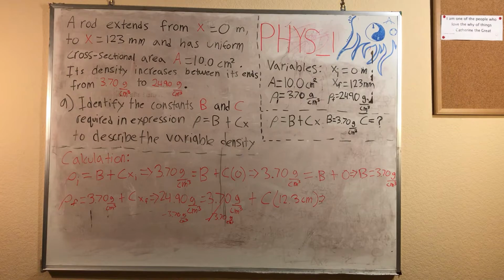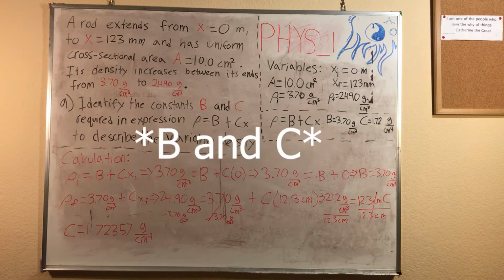This leaves us with 21.2 grams over centimeters cubed equals 12.3 centimeters times C. Now let's divide both sides by 12.3 centimeters and cancel on the right side. This leaves us with a final answer of C equals 1.72357 grams over centimeters to the fourth power. Remember, we multiply the bottom centimeters cubed by one more centimeter to get the power of 4. Fill in our answer for C now.